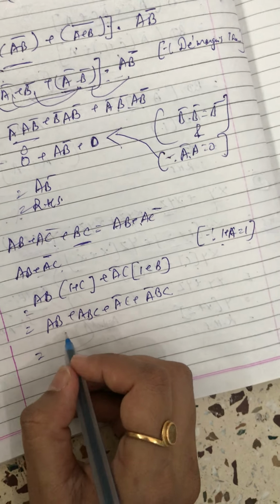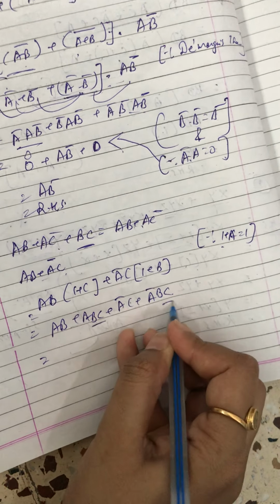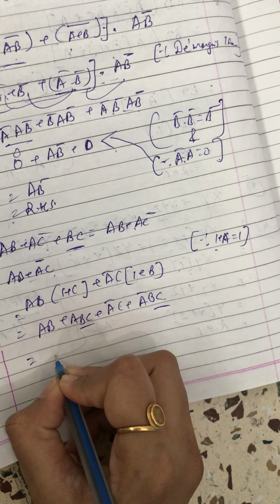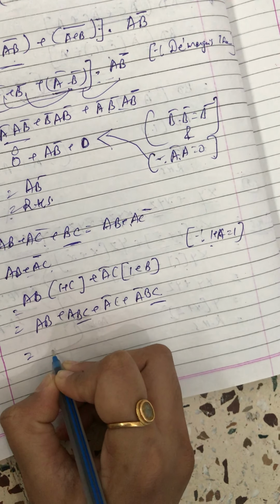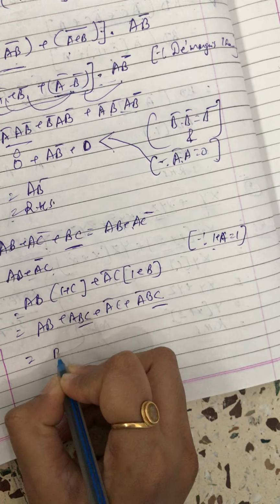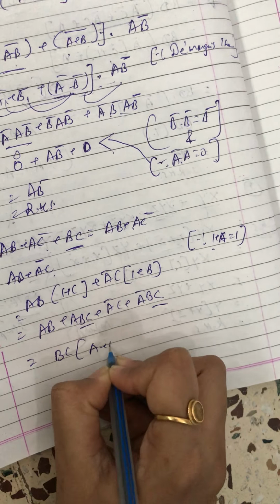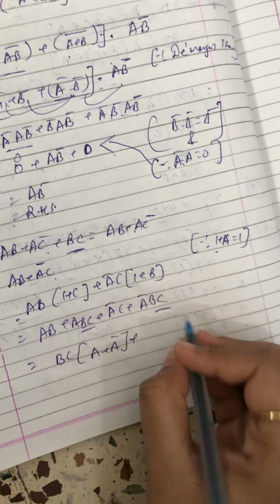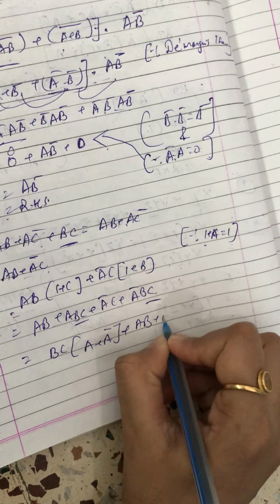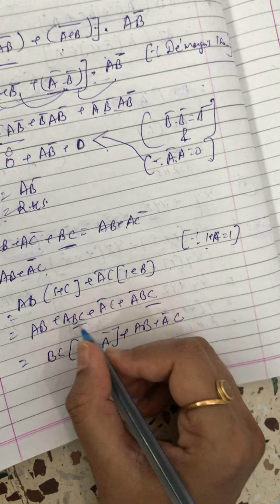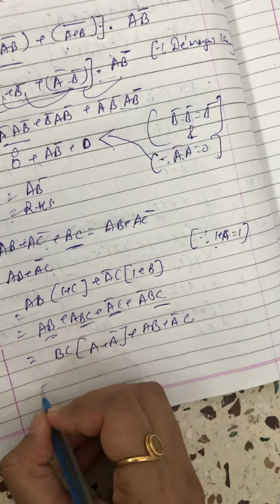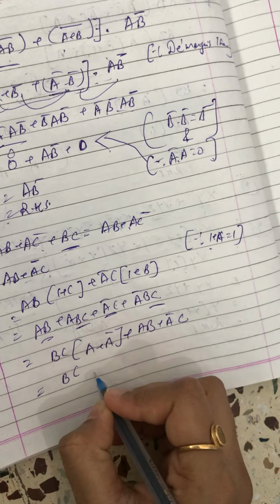Now you can take something common from any term. Let's assume that you can take B and C common from here. So your term becomes BC in bracket A plus A bar, plus AB plus A bar C. See, these two will remain as they are when you take BC common.